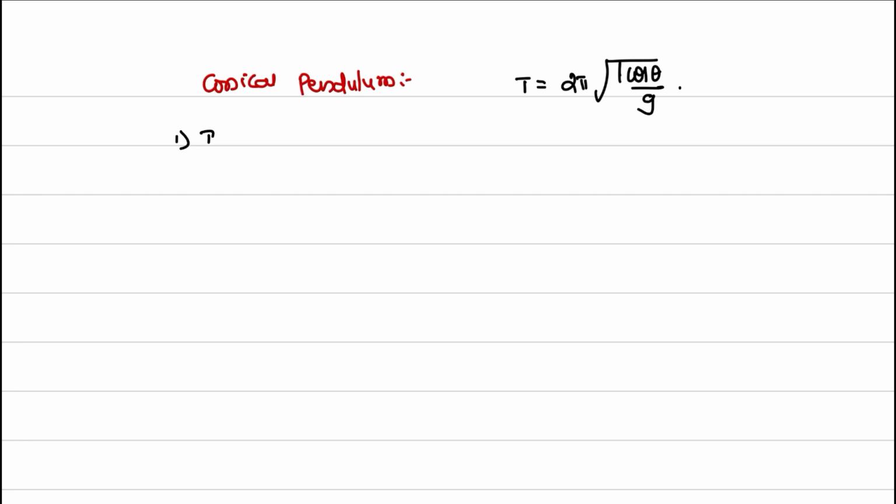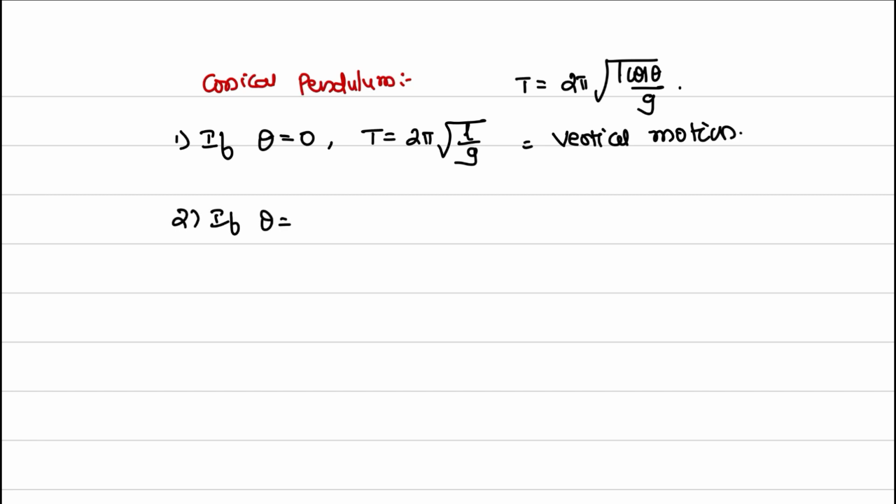If theta is equal to 0, then T is equal to 2 pi into square root of L by g. It is like vertical motion. Two, if theta is equal to 90 degrees, T is equal to 0, because cos 90 is 0.